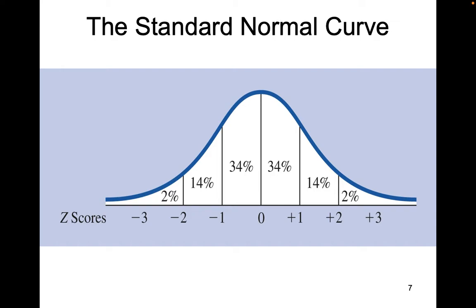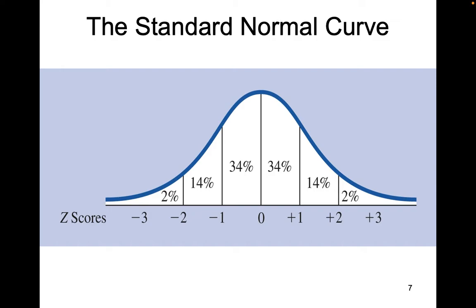That is, the average score is the most frequent score. The normal curve is also symmetrical around the mean. And exactly 50% of scores are above the mean and 50% of scores are below the mean. That also means that the mean is equal to the median.